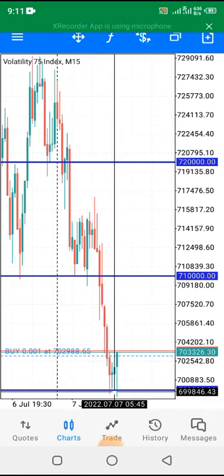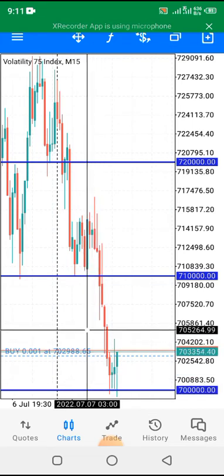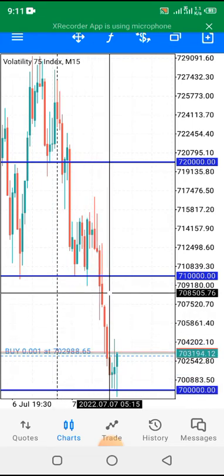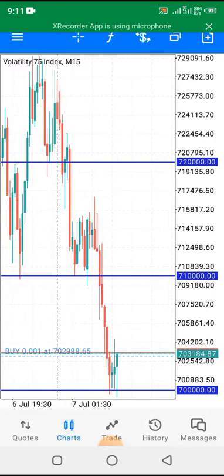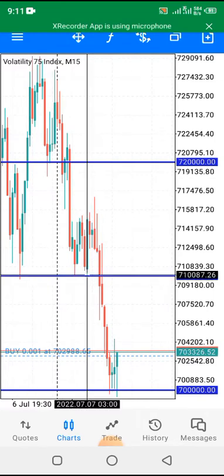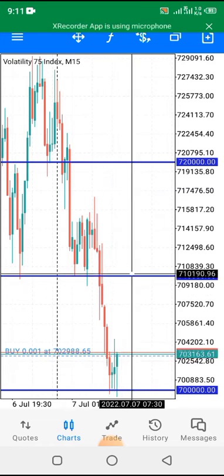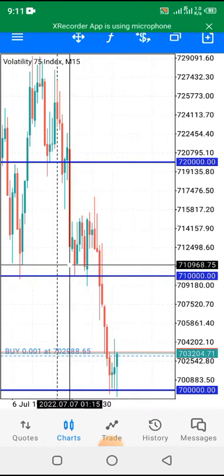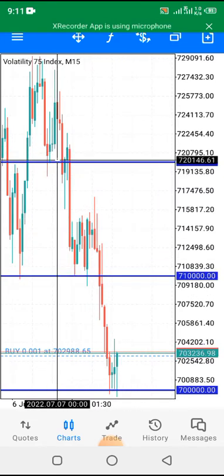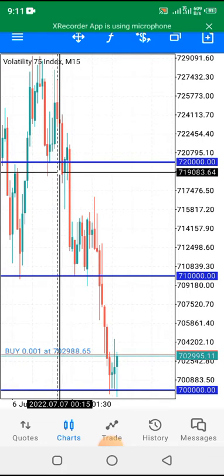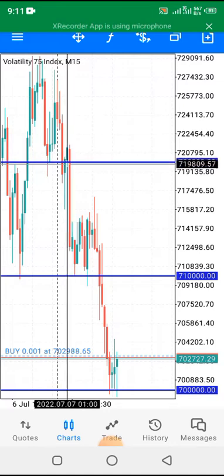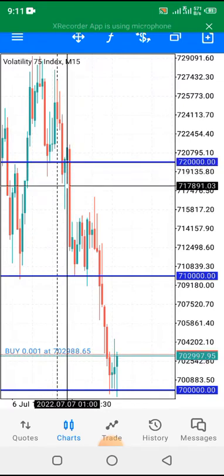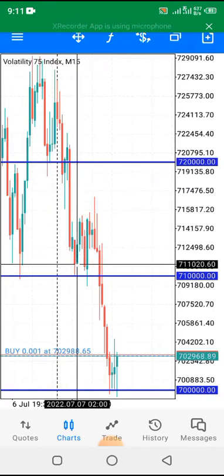You can see it's also going into profit, right, guys? But you have to follow the trend when trading. What do you do at support? You buy at support and you sell at resistance, right? You can see even here, price came and broke into this region, and when it came back to retest, the region acted as resistance, and you could see all this momentum pushed to the downside.